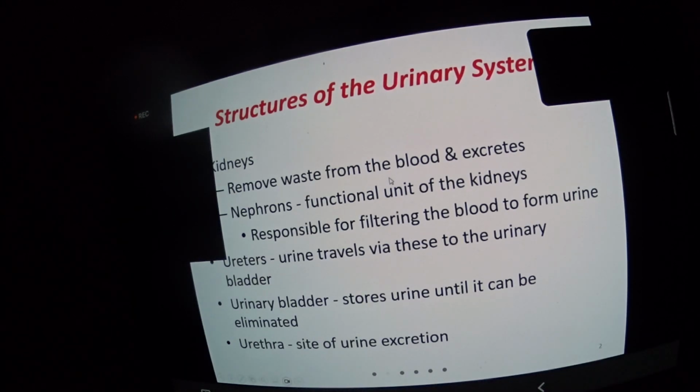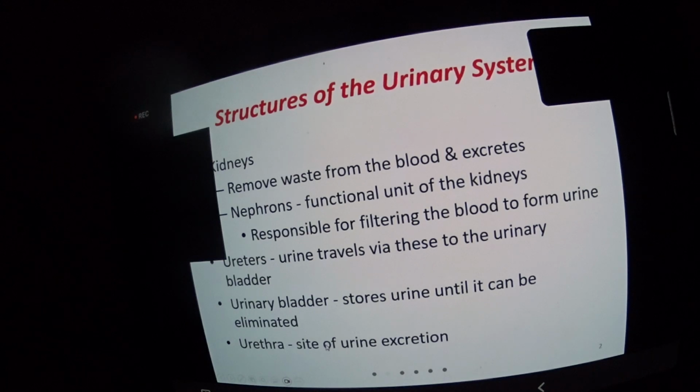Once in the kidneys, urine is produced. Urine is passed through the ureter, and then from the ureter is collected in the urinary bladder. And for both males and females, it is released via the urethra.